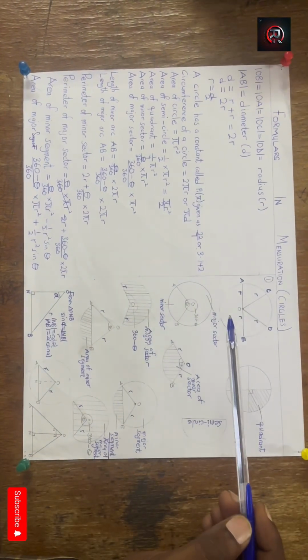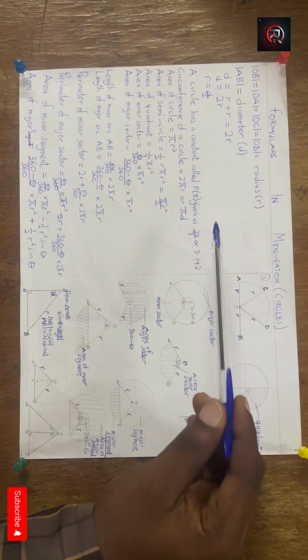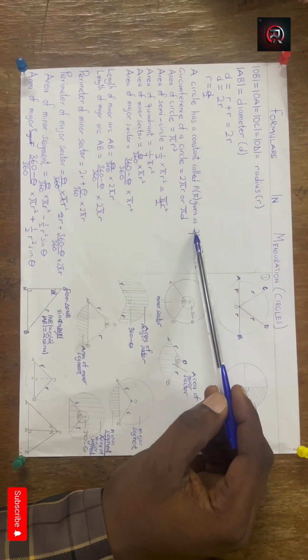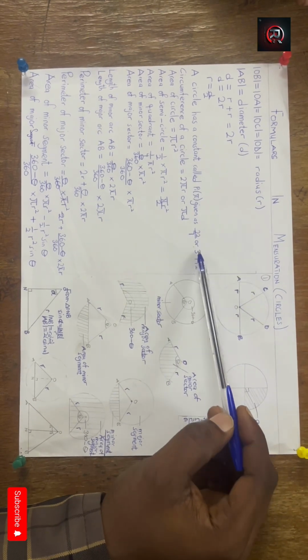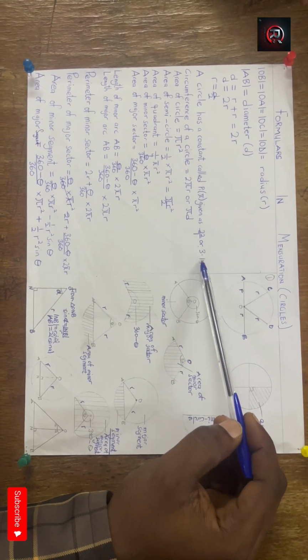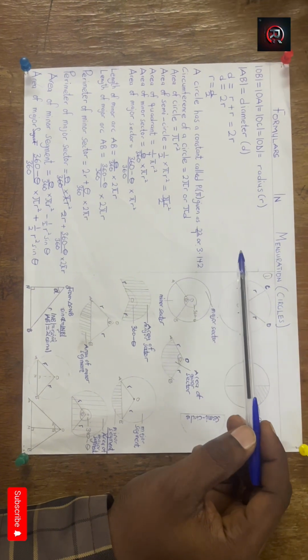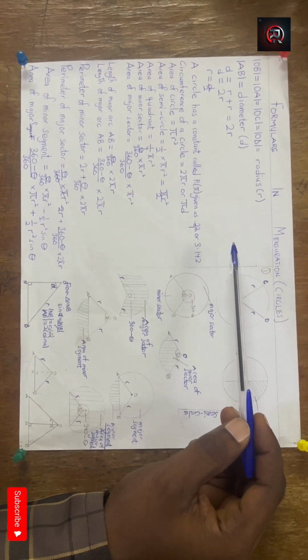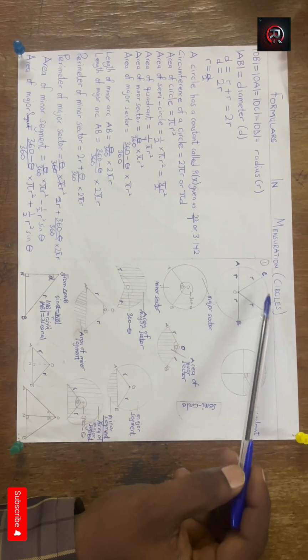Now, in circles, we have a constant number called pi, which is given as 22 over 7, or approximately 3.142. So if a question is given, pi is a constant, it will be given to you to do your calculation. All right, let us look at the circle here.